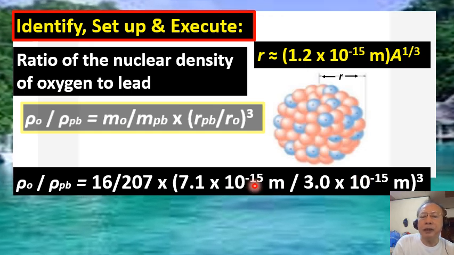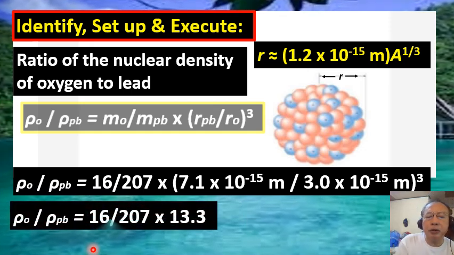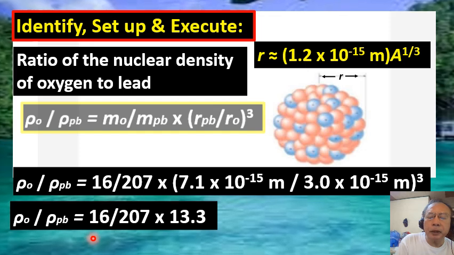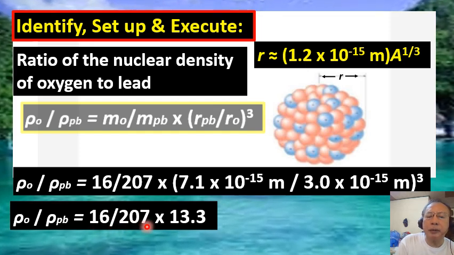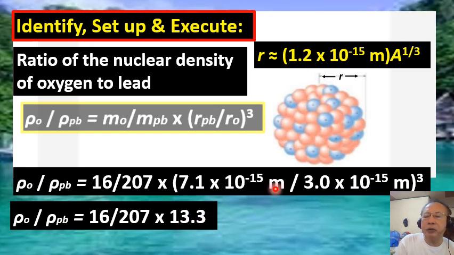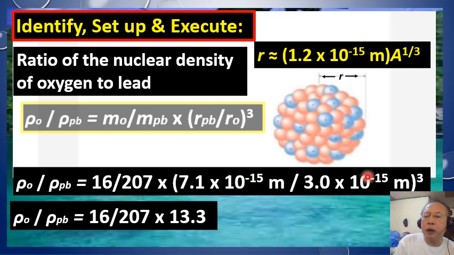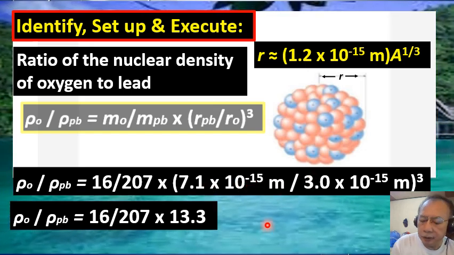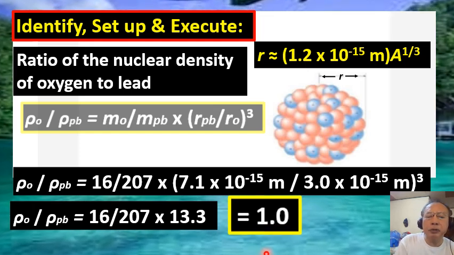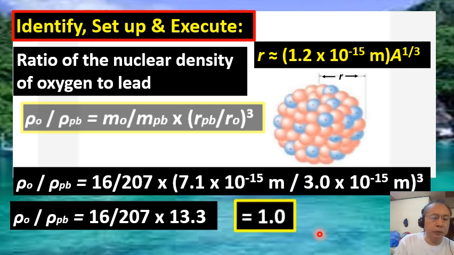So when we finally do our math, we get the ratio equal to 16 divided by 207 multiplied by 13.3. 13.3 is the result of getting the cube of these two quantities. And finally, we find the ratio of the density of oxygen to that of lead equal to 1.0.